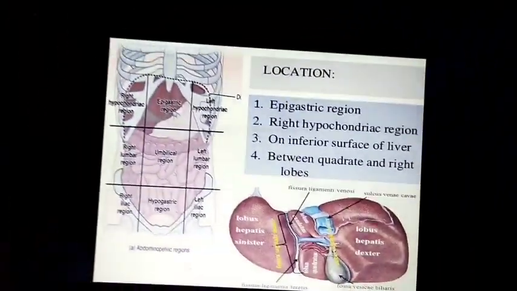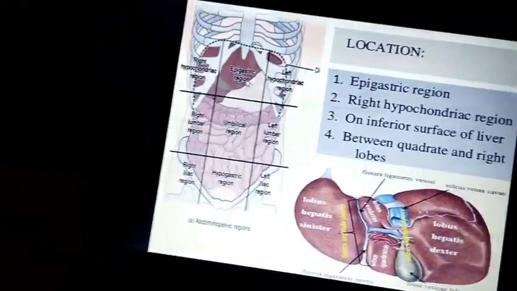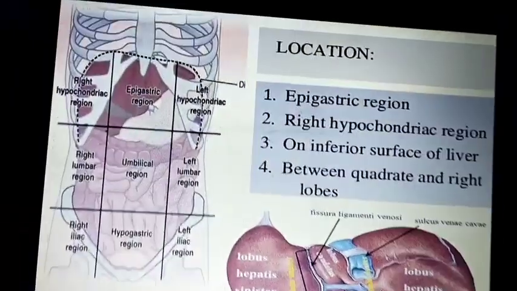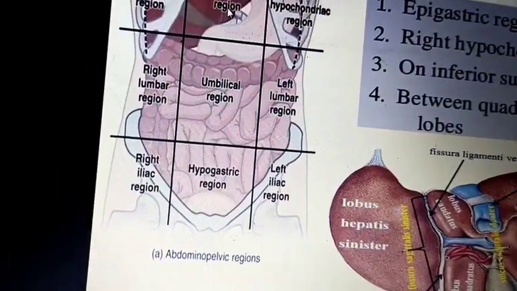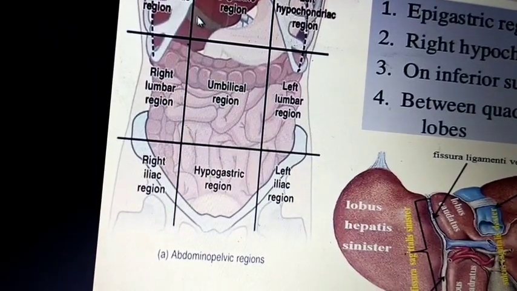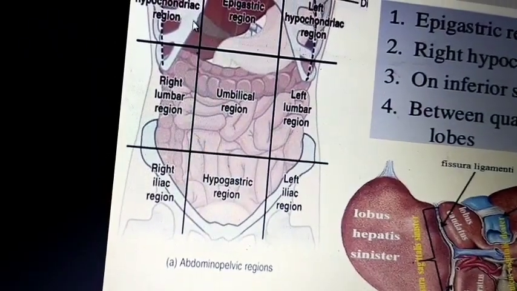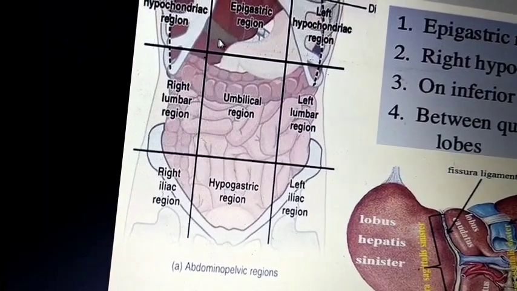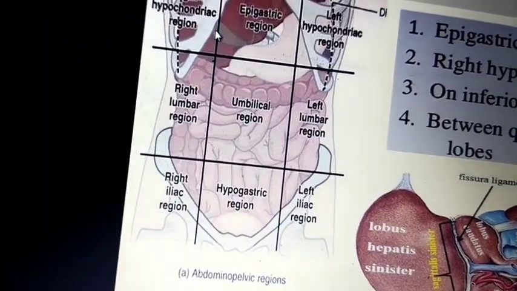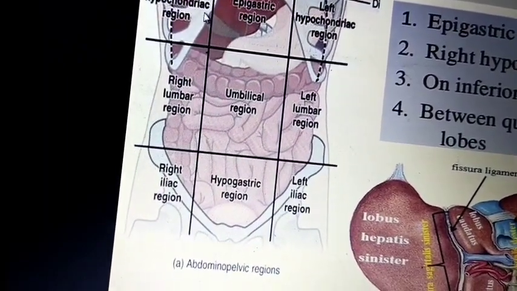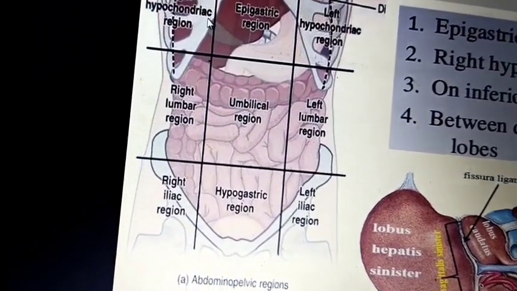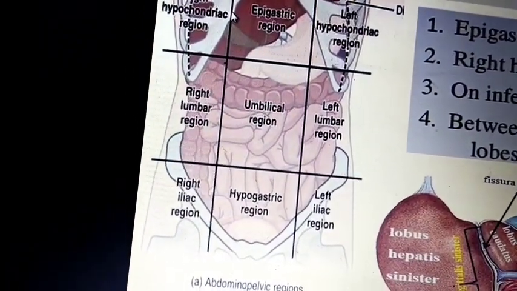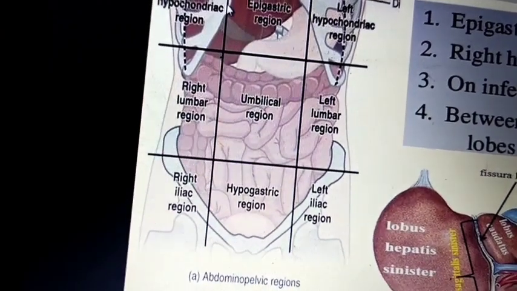Now go for the location or position of the gallbladder. You can see here this is the liver, and this is our gallbladder. When the gallbladder is filled with stones or dilated, you can palpate the tip of the gallbladder at the 9th costal rib.